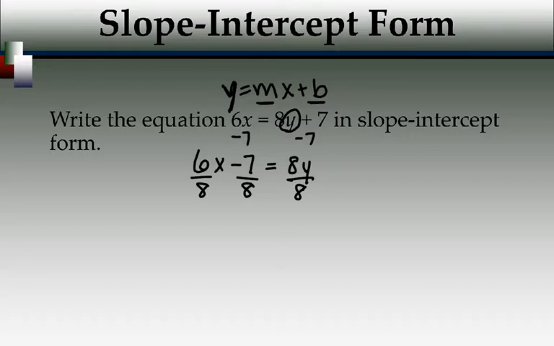So that gets rid of that on that side, and your y equals, reduce this fraction, 3/4 x minus 7/8. And we are done. That equation is in slope-intercept form.